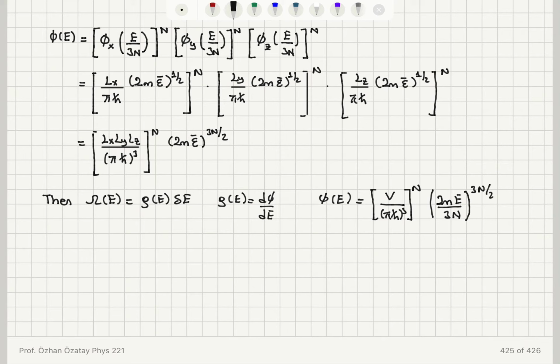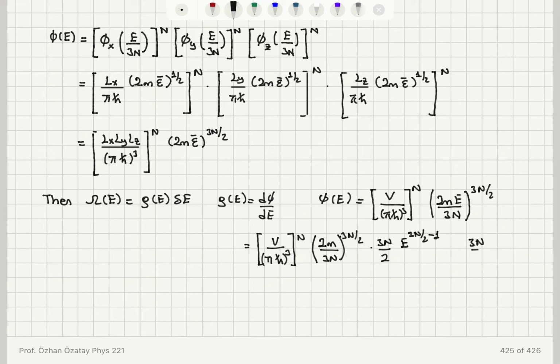If you take the derivative, you will find that this is going to be equal to, there is no energy in the first term, so V over pi h bar cubed remains, and then I have also no energy in 2m over 3N to the power 3N over 2, but the energy to the power 3N over 2 will give me a 3N over 2 energy to the power 3N over 2 minus 1.